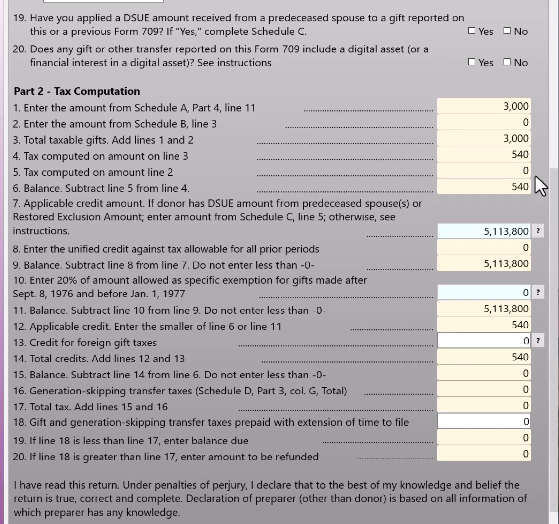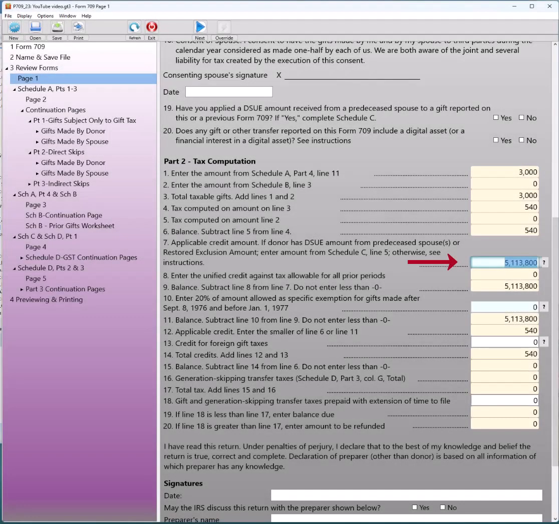But anyway, we got that $540 tax, and I don't know if the lady just didn't look all the way down the thing, but she said, well, that $540, how do you get rid of that? Well, you could see here's an unrecognizable number. People ask me, hey, where'd the $5 million come from? Well, that's the exclusion converted into a credit.